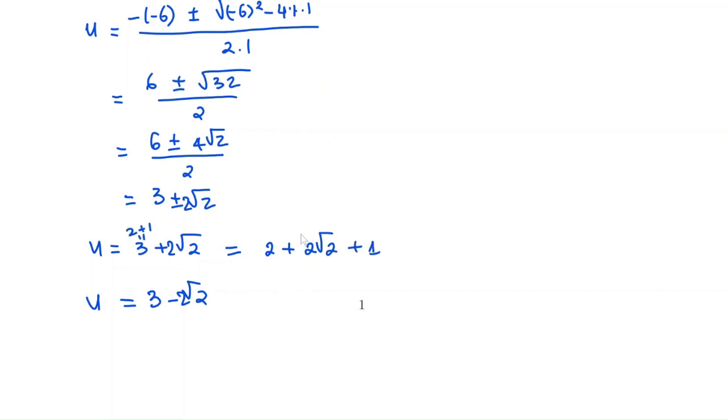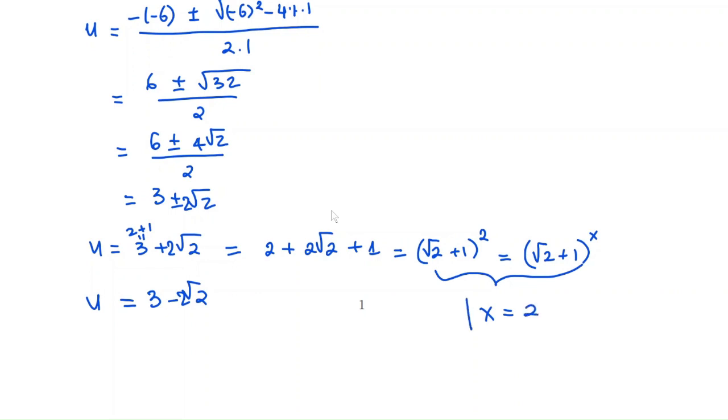This is equal to (square root 2 plus 1) squared. And we just say u is (square root 2 plus 1) to the power x. For this equation, we would have x equal to 2, so we have one solution.